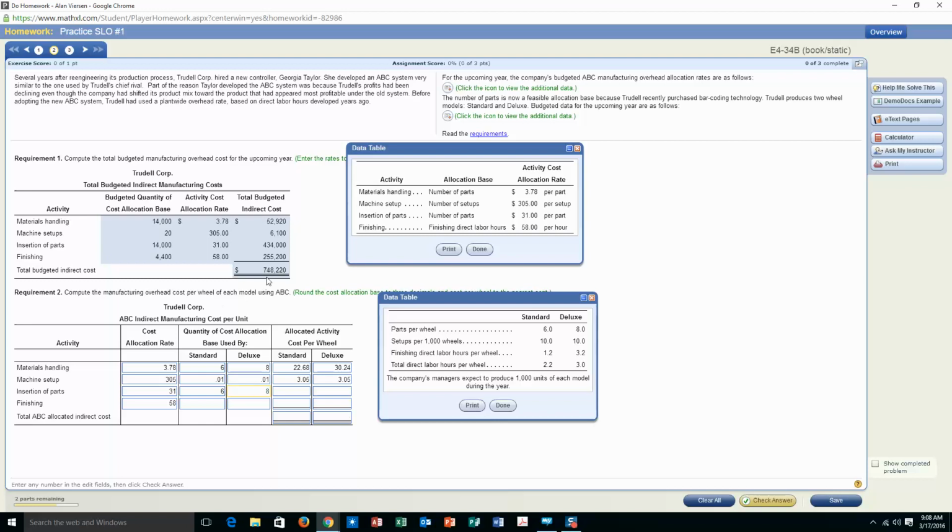So you just simply go up here to where you have your total indirect costs and divide it by, in this case, the total budgeted direct labor hours. So it'll be this plus this, 2.2 plus 3 times 1,000. That's for when you do requirement number 3. And then you can separate that by the standard and by the deluxe.